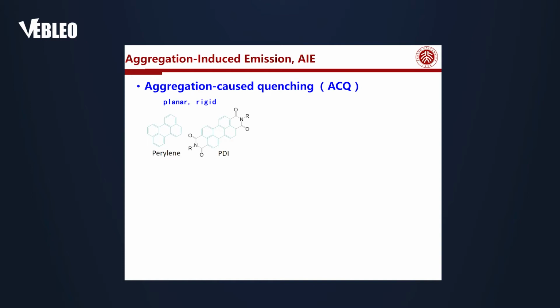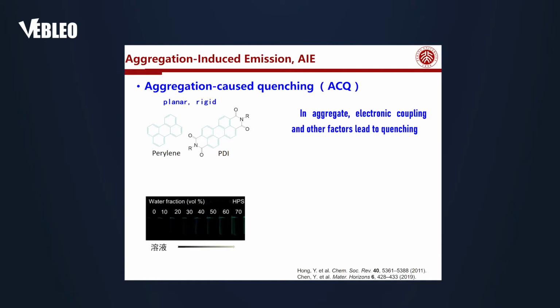The reason for ACQ is in general attributed to the electronic coupling between two adjacent molecules. And we know that in nature, some molecules behave oppositely. In dilute solutions, they don't emit light at all, but in concentrated solution or solid, their fluorescence is very intense.